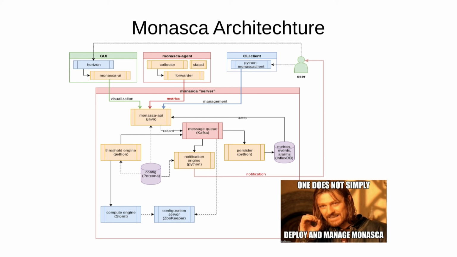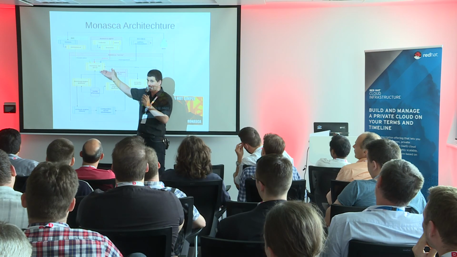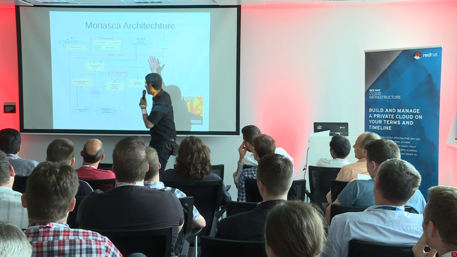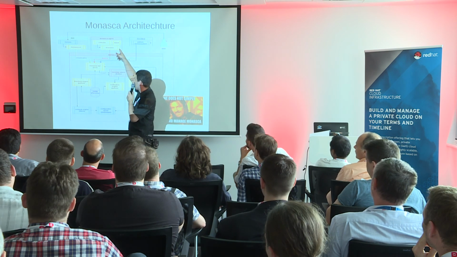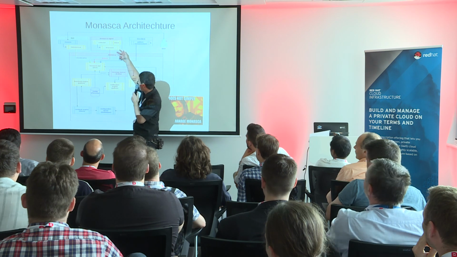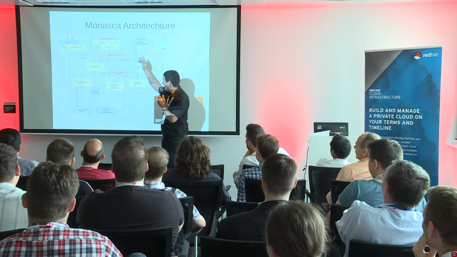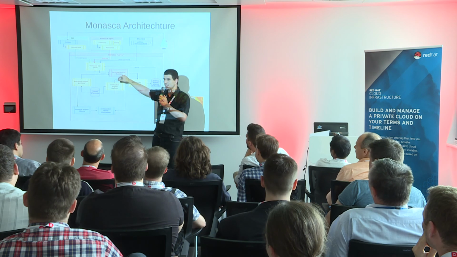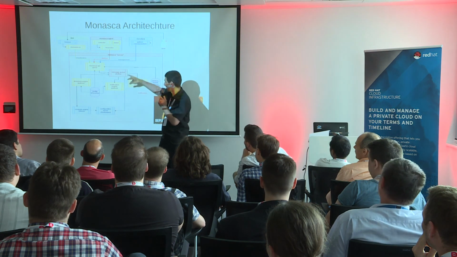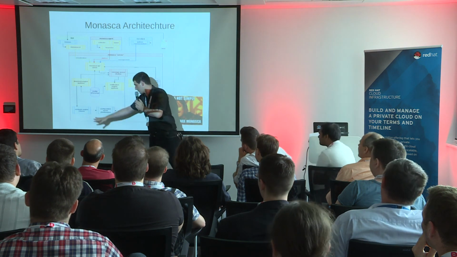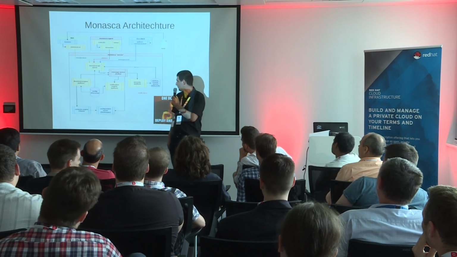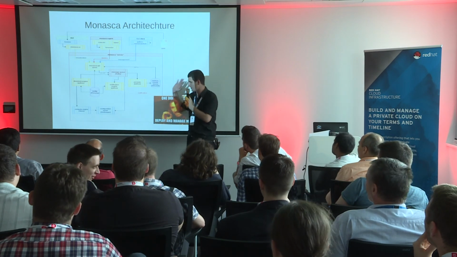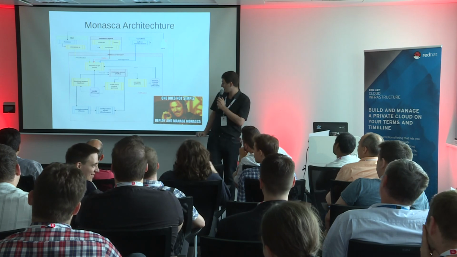For example, the Monasca API is written not in Python, but in Java. I don't know why. There are Monasca agents, and even the Monasca agent contains 3 different pieces of software. It is using Kafka instead of RabbitMQ for storing the data. It has its own compute engine and its own configuration server and whatsoever. So it's really, really complex stuff.